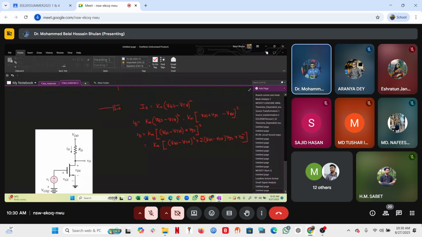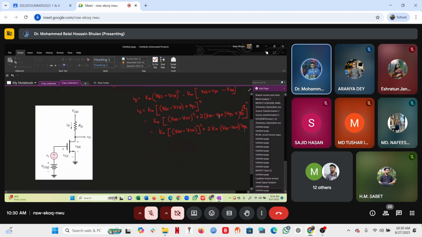Since small signal VGS is small and its square is even smaller, we can ignore it. So that gives us Kn (VGS minus VTN) whole square plus 2 Kn (VGS minus VTN) times small signal VGS. Now that first term is already what we know as DC ID.